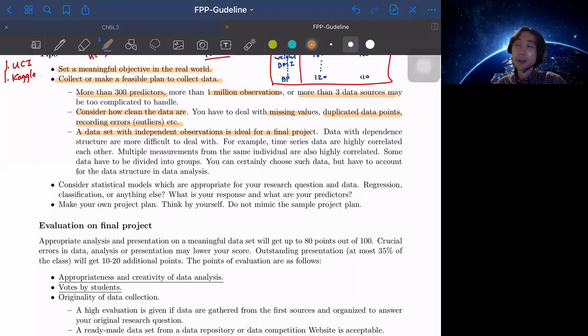Last semester, some students suffered in the analysis because they used time series data. If you really have a clear idea on how to analyze it and how to remove dependencies between observations, then that's fine. But my suggestion is to use a data set with independent observations, not too much dependence within the data set.